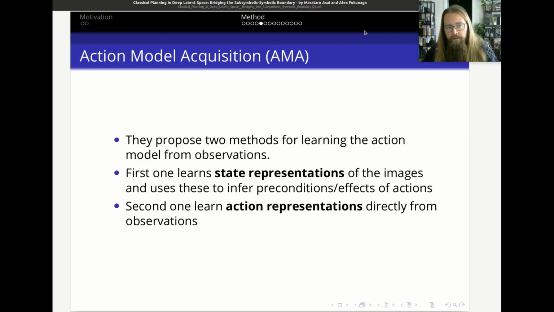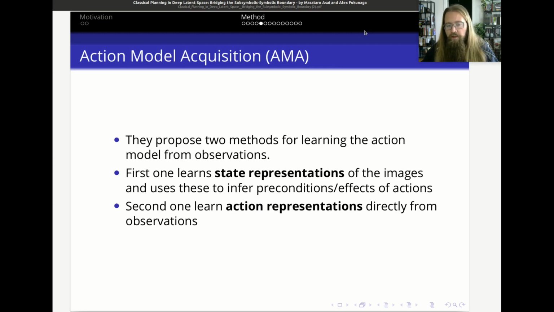And then you have the action model acquisition, which was the second part there, presented in the image. They proposed two different methods for acquiring the actions. So not only do you want to parse your state symbolically, but you also want to know what actions are available in this domain.